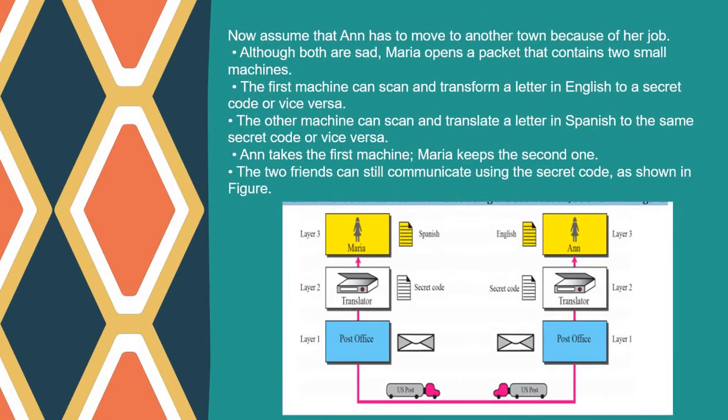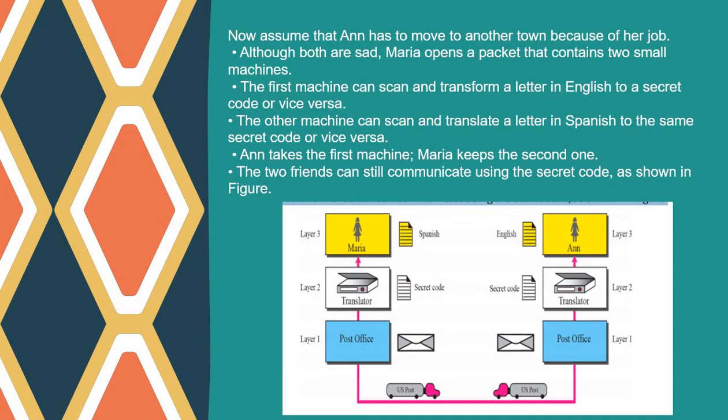Now assume that Anna has moved to another town because of her job. Both are very sad because now it is very difficult for them to communicate. But Maria opens one packet that contains two small machines. The first machine can scan and transform a letter in English to secret code, or vice versa.